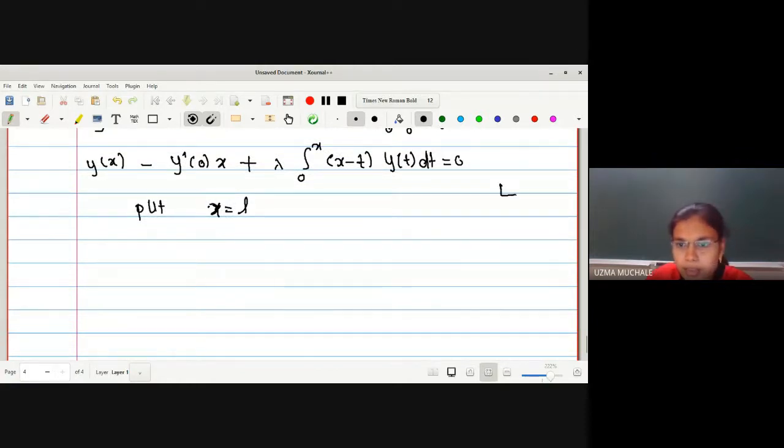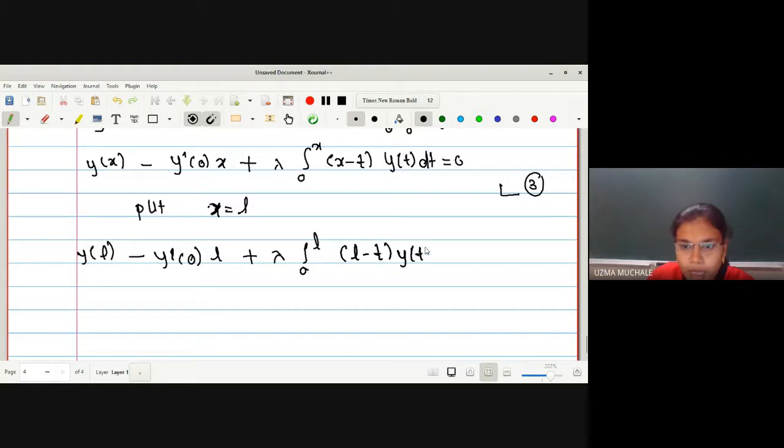Let us name this equation number 3. Putting x equal to L, we get y of L minus y dash of 0 into L plus lambda integration 0 to L of L minus t y of t dt.